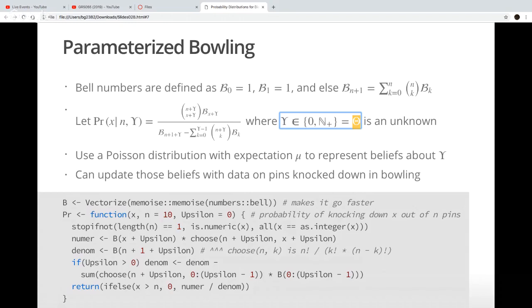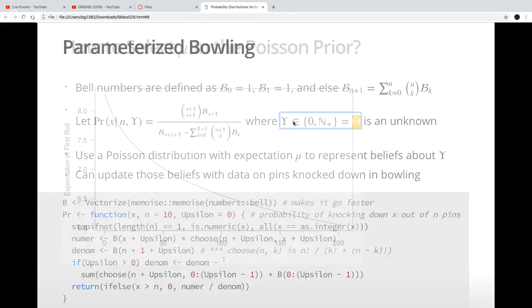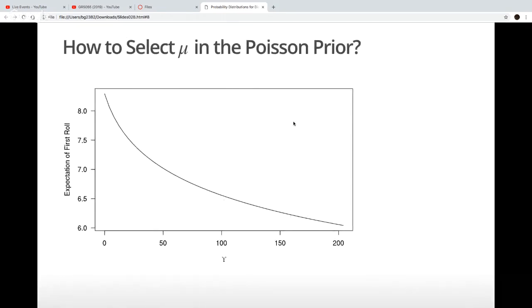All right. And we just saw what the Poisson probability mass function is. It depends on one hyperparameter mu, which you have to choose to express your beliefs about upsilon before you start seeing the data. But if you work out the expectation and make a plot like this, we see the expectation of what happens on the first roll of a frame of bowling is a decreasing function of upsilon.